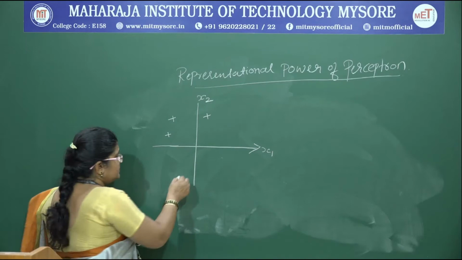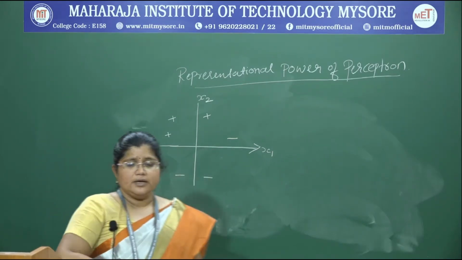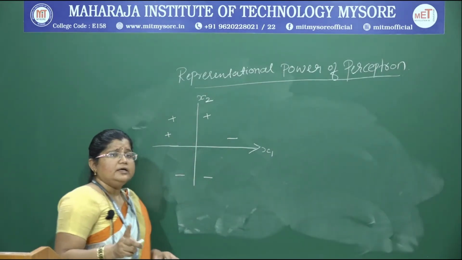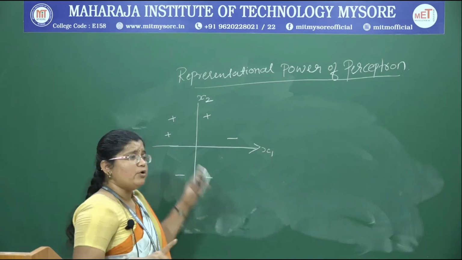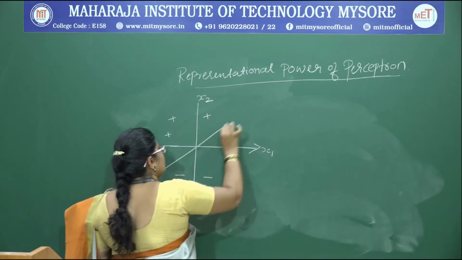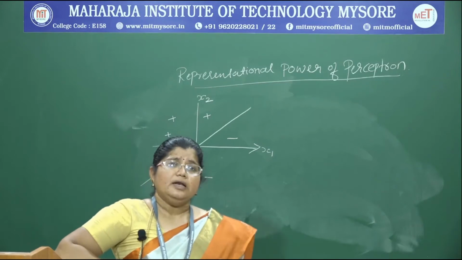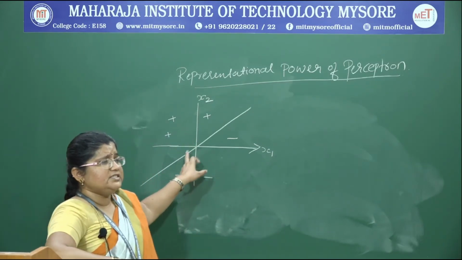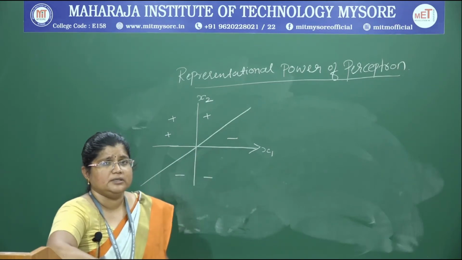Next, these are all the negative training examples. Now let us draw a linear line that can separate both the positive and negative instances. If you draw a line here, this is a linear separable line. This line is separating the positive and negative instances in n-dimensional space.